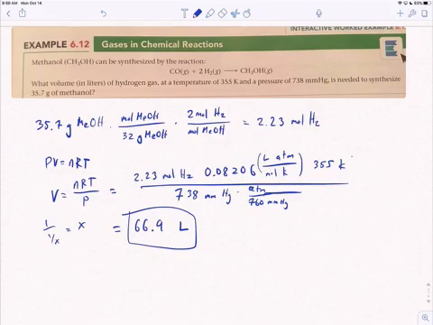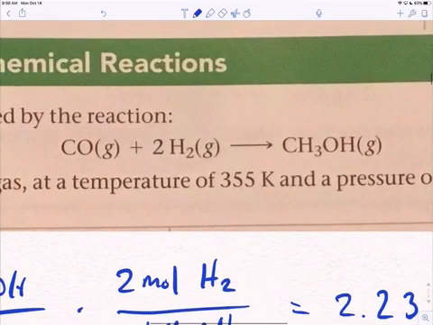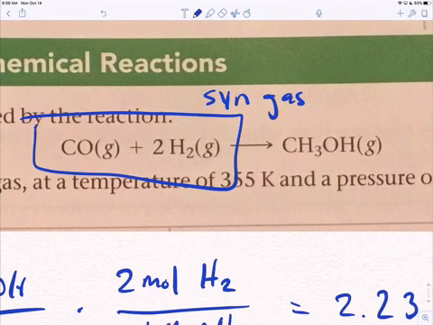Okay, so another thing with this, a little bit of history: the carbon monoxide and hydrogen in this ratio is known as syngas, also known as town gas. We don't really worry about this too much in Hawaii, but everywhere else in the country, we typically have heaters.